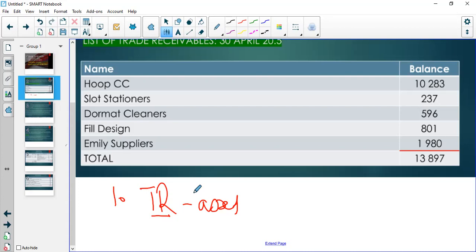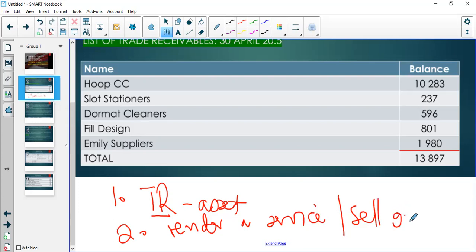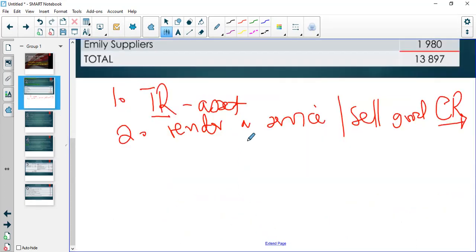But basically, it's an asset, and it arises when we render a service or we sell goods on credit. And as an asset, it increases on the debit. So when we render a service, we record it on the debit side of the trade receivables control account in the general ledger.